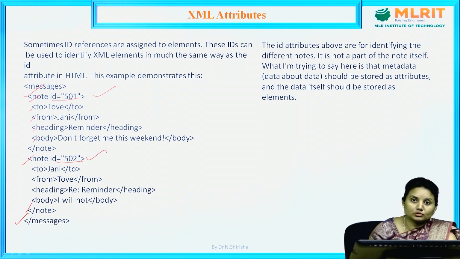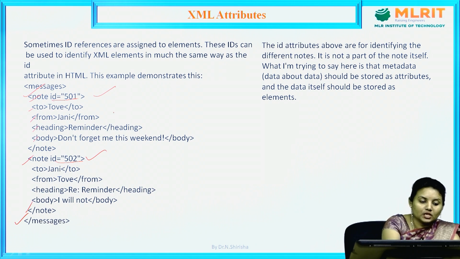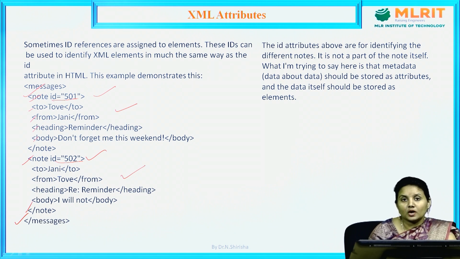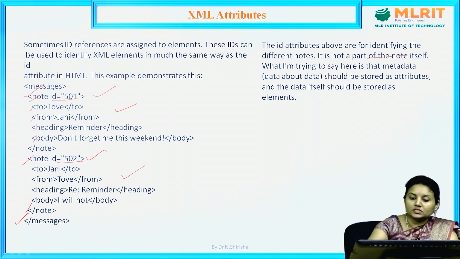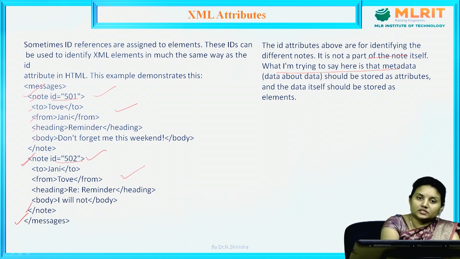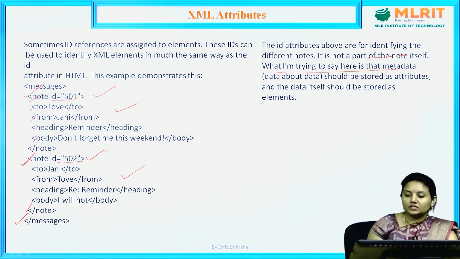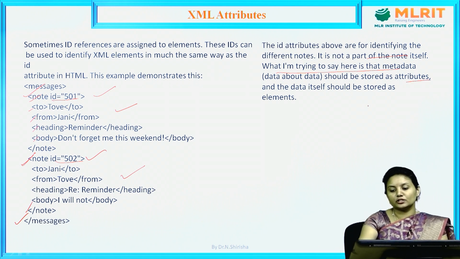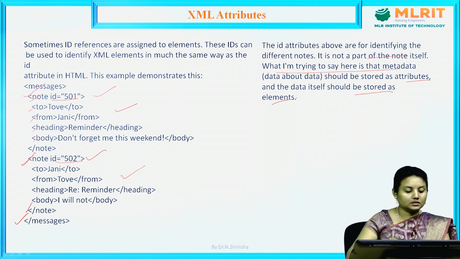That means the information I have given here is different from the information in the second note. How I differentiate is just by giving different attributes like different IDs, to tell that there are two different messages. It is not a part of the note itself. That is metadata, data about the data. This is the note, which is data, but the ID is metadata. Such things can be stored as attributes. Data itself should be stored as elements.